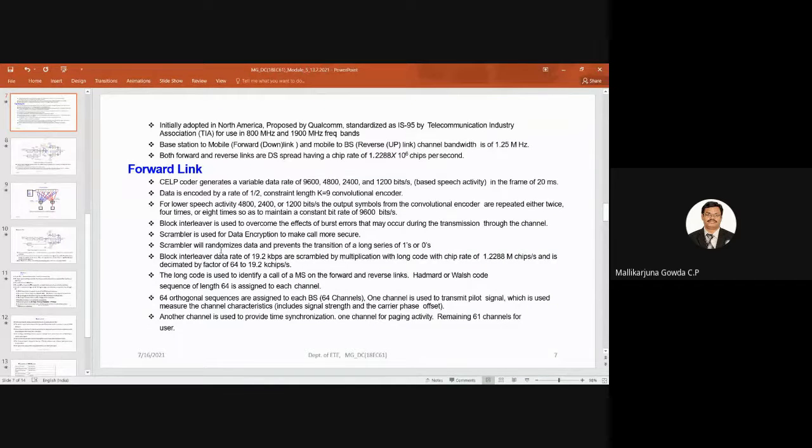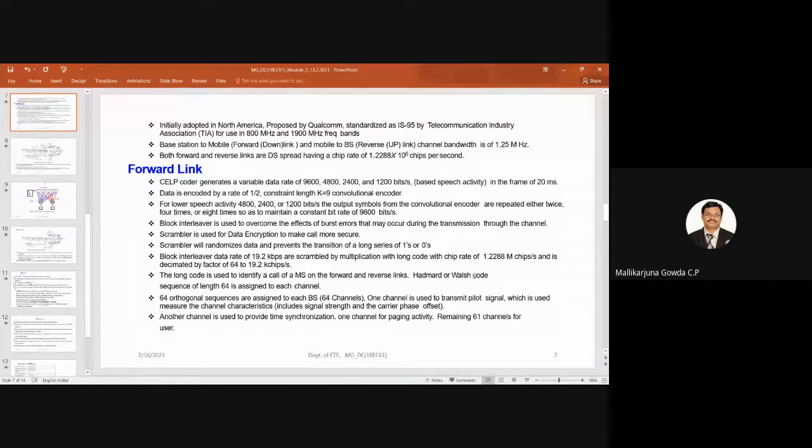The block interleaver data rate will be 19.2 kbps, which is scrambled by multiplication with the long code, having a chip rate of 1.2288 megachips per second, and is decimated by a factor of 64 to get a rate of 19.2 kilochips per second. The long code is used to identify the call of the mobile station on the forward and reverse link.